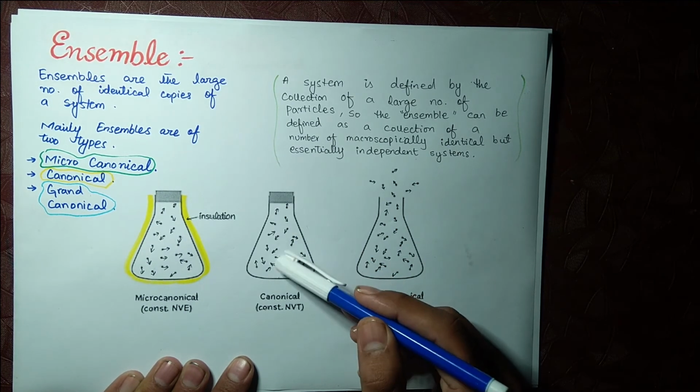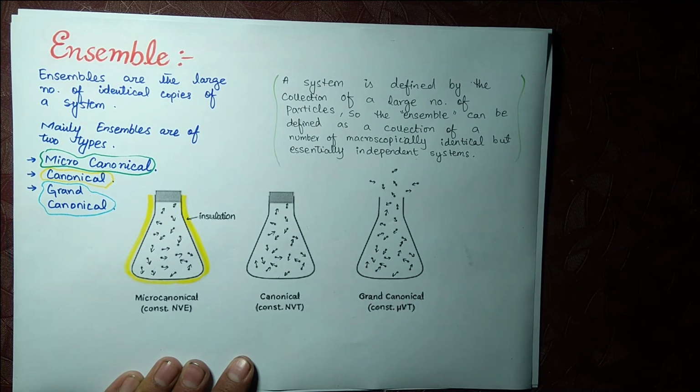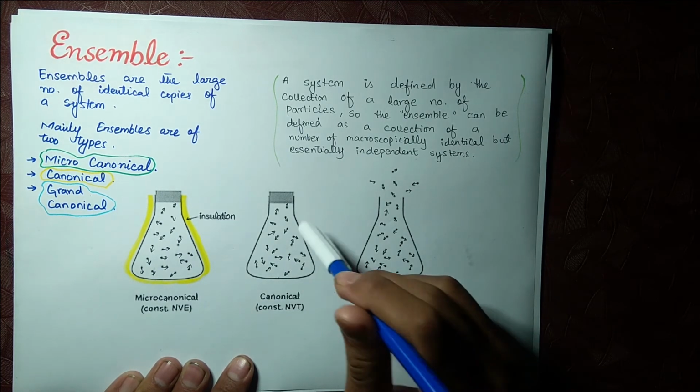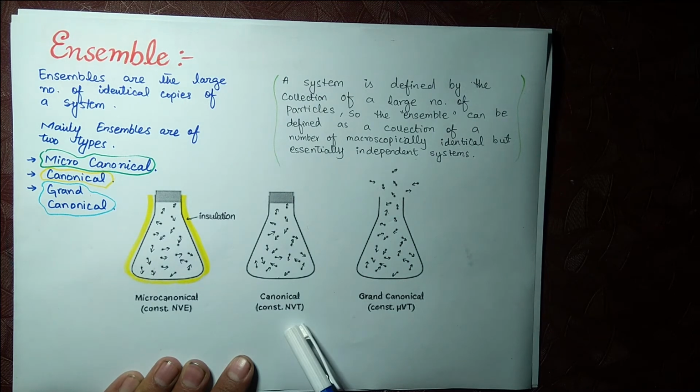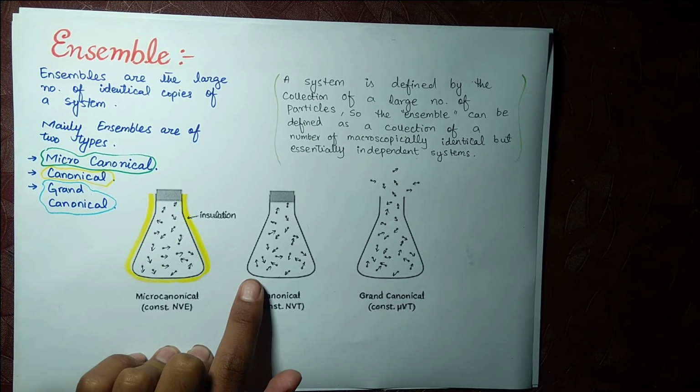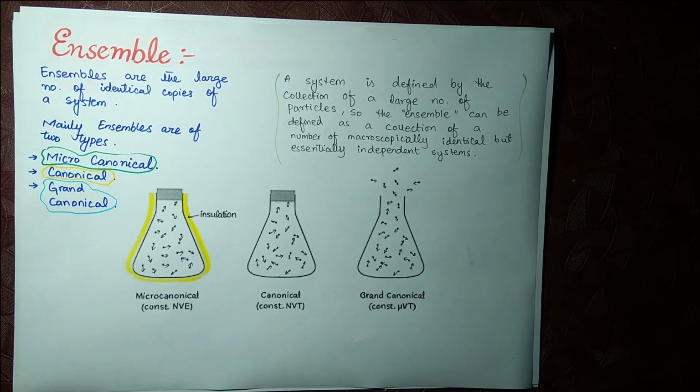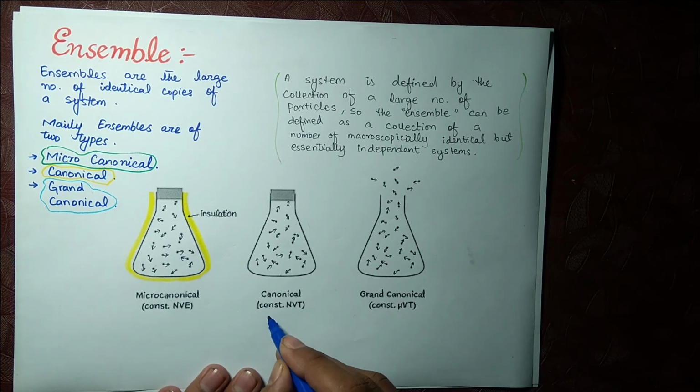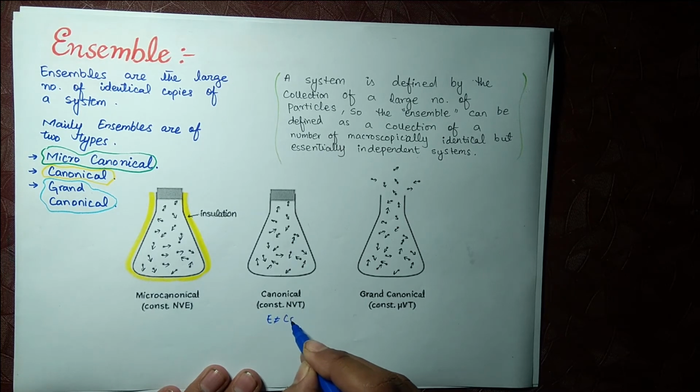The number of particles is constant, so N, V and T are constant: temperature, volume, and number of particles are constant here, but energy is not constant. Okay, we can write here that E is not constant.